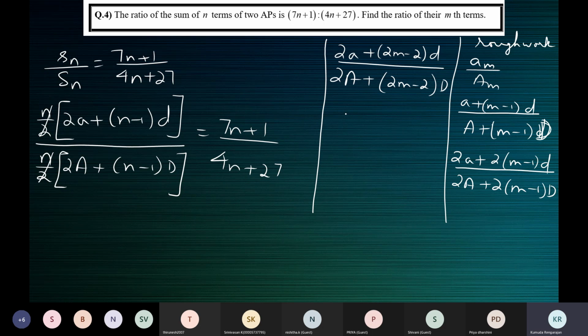On comparing the coefficients of d, we get n minus 1 is equal to 2m minus 2.